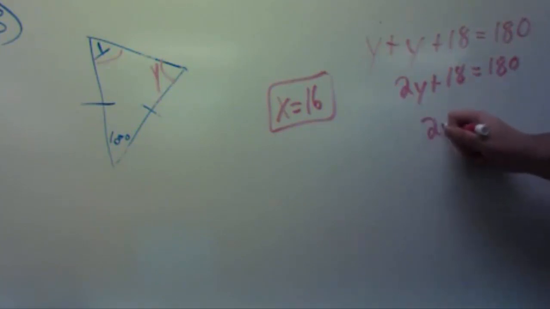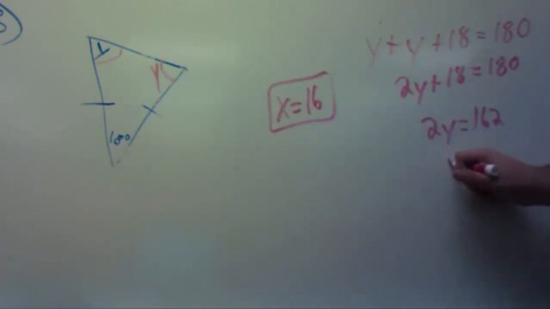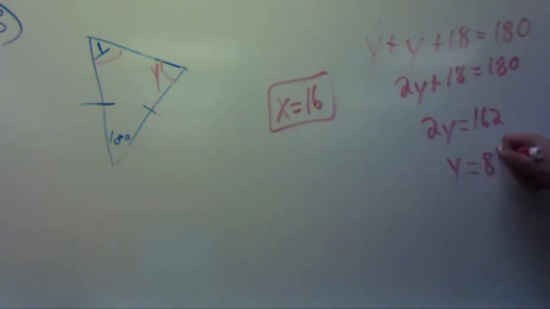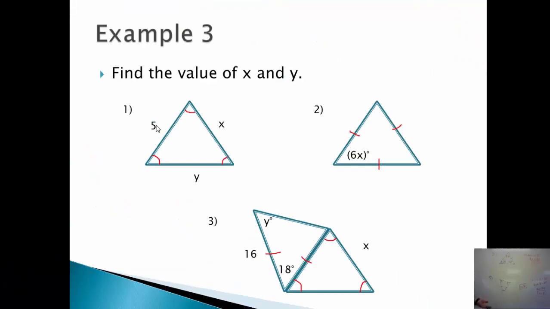Subtract 18 from both sides, I get 162. Divide both sides by 2, and I get 81. So x in this case is 16, y ends up being 81, and there we go. This is using both the base angles theorem and the corollaries of the base angles theorem, equiangular and equilateral.